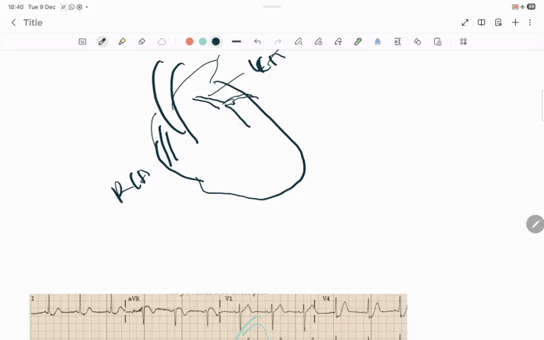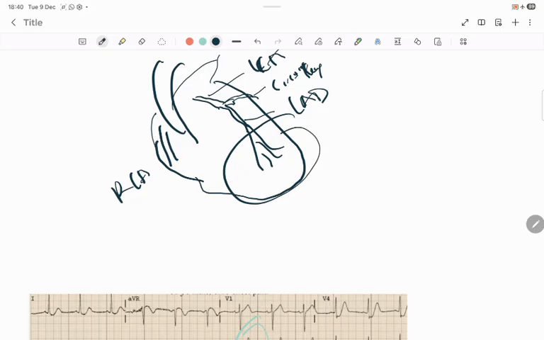The left coronary artery has branched off into the circumflex, but it also gives off the left anterior descending artery, which then goes on to give the diagonal arteries. And so this is the entire anterior part of the heart.